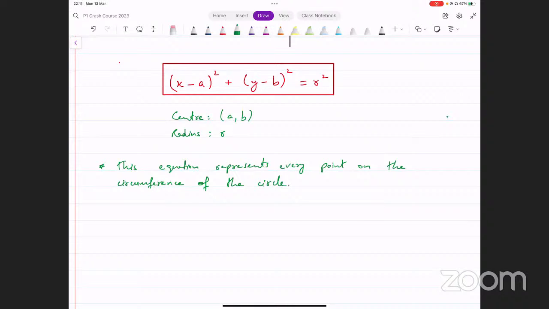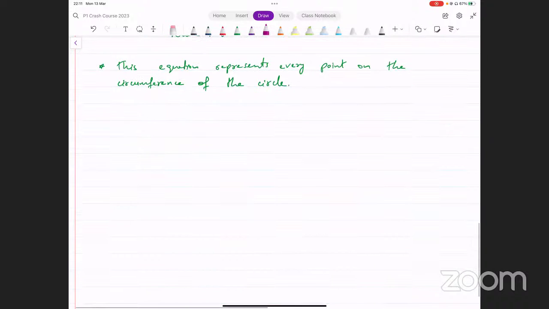Now, let's try and use this. Let's do some examples.